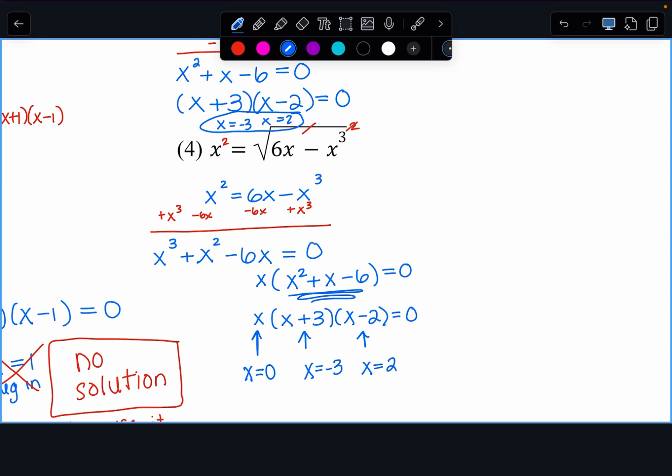Now what you're going to want to do is check to make sure that it works in the original. I can tell you now, this one does not work, because the square root of something is not a negative if the square root is already written. It doesn't say plus or minus. The square root has to be positive.